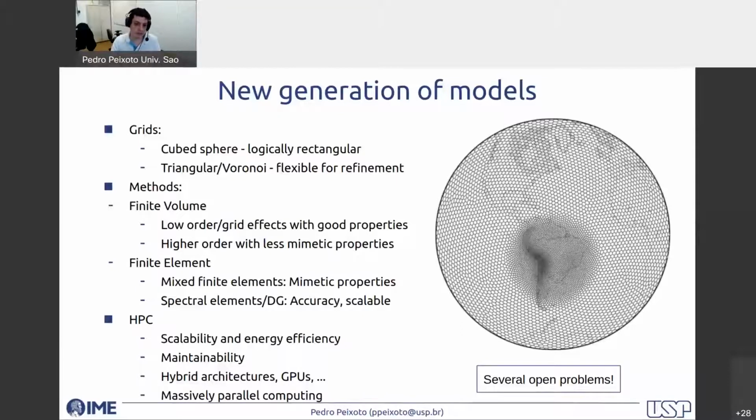So how can we build something that is easy to maintain and adequate for new architectures like GPUs, with energy efficiency? We have to keep this in mind, right? And I'm going to go into the line of finite volume and triangular Voronoi grids because I'm interested in MPAS, which is what motivates this talk.